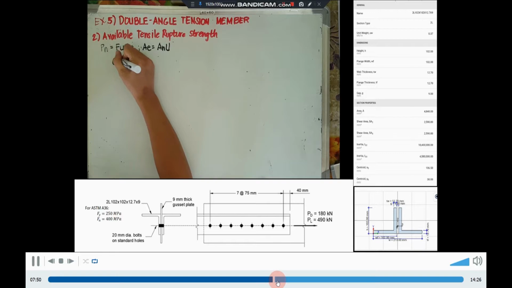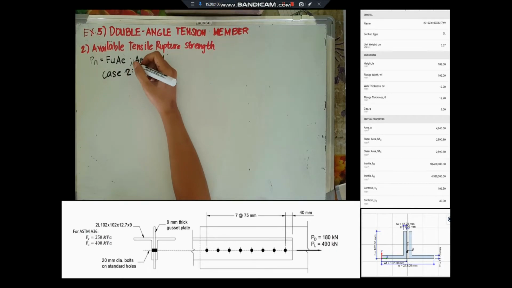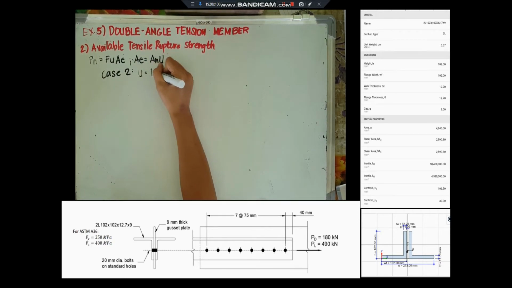So solving for the shear lag factor of case number 2, shear lag factor U is equal to 1 minus the eccentricity connection divided by the length of connection.